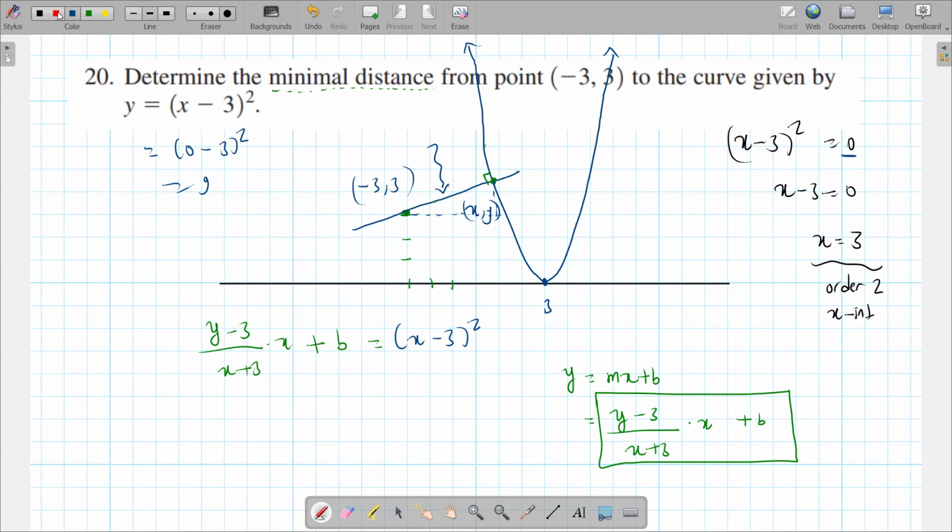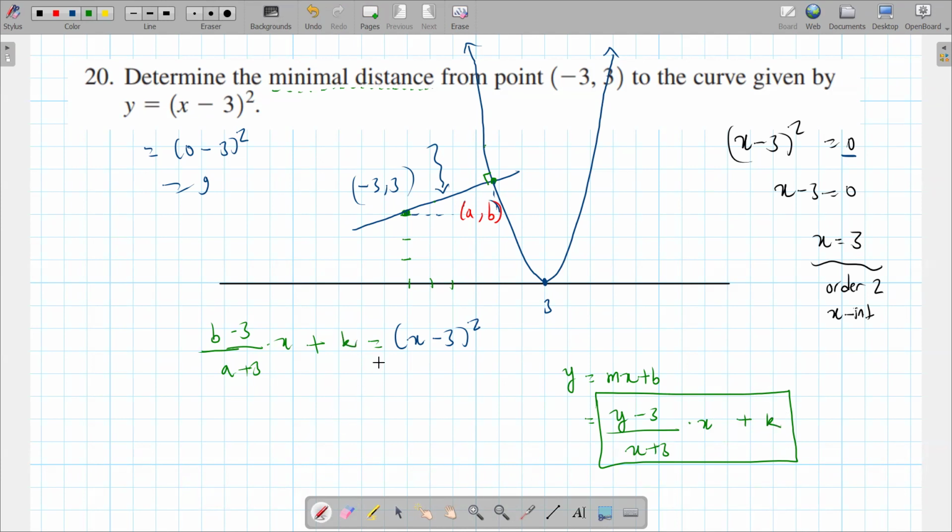There's multiple x's, multiple y's. Let's call that point a comma b. Nothing changes really. It's only the notation that changes. So the rise will be b minus 3. The run will be a plus 3. And let's call the y-intercept k as well.